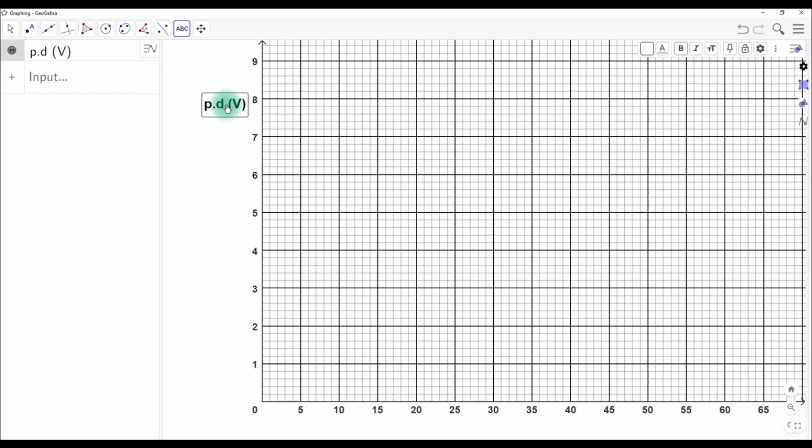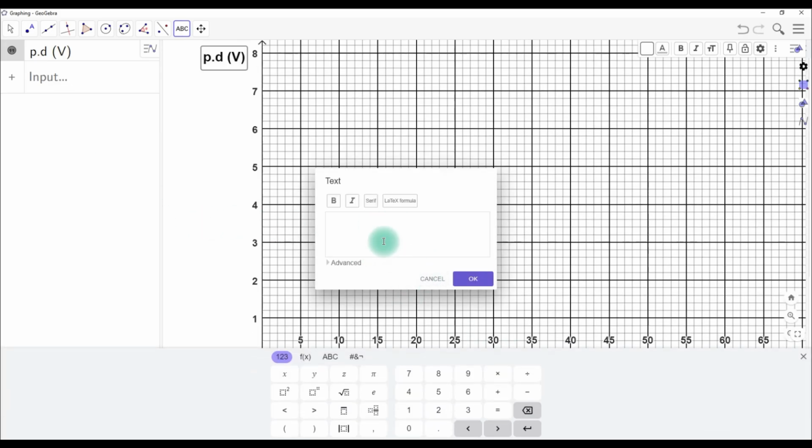I've set it there. Then for the other axis, it is current I, times 10 power negative 2, and that is in amperes.